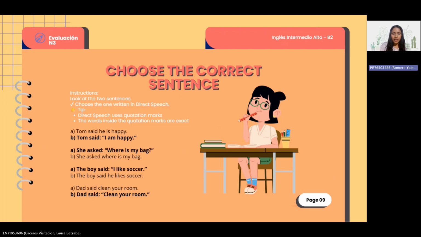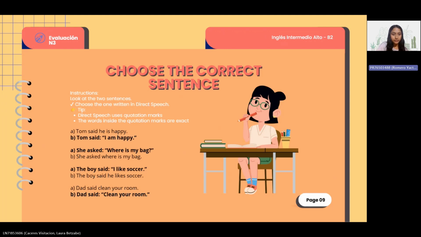Choose the correct sentence, the one that is in direct speech. The correct sentence always uses quotation marks and exact words. For example, Tom said, "I am happy."